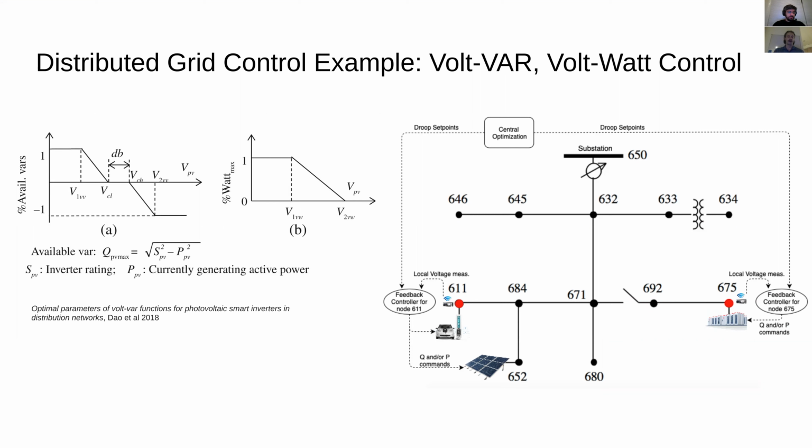And while Volt-VAR control is presumably a benign form of supporting the voltage on a distribution grid, if many inverters are actuating similar Volt-VAR curves, and those curves are not tuned or taking into account the fact that there are other controllers on the network, it can actually lead to network instabilities. So even in the basic case of Volt-VAR control, it's important to coordinate among assets, and thus a communication framework is necessary.